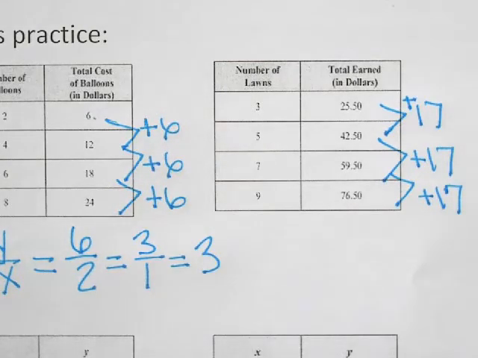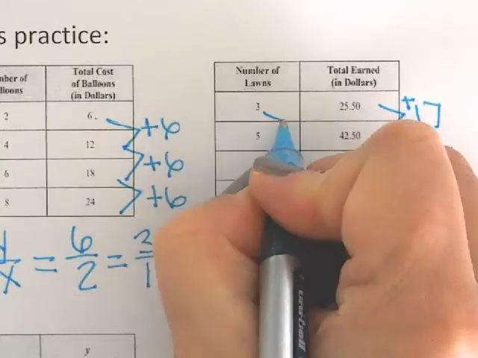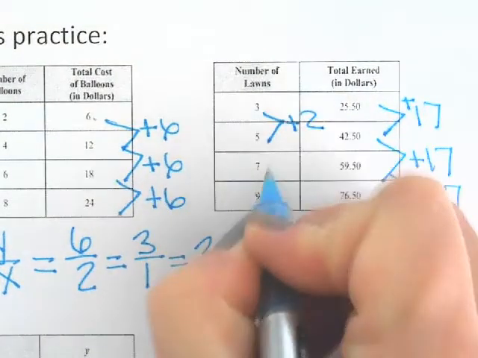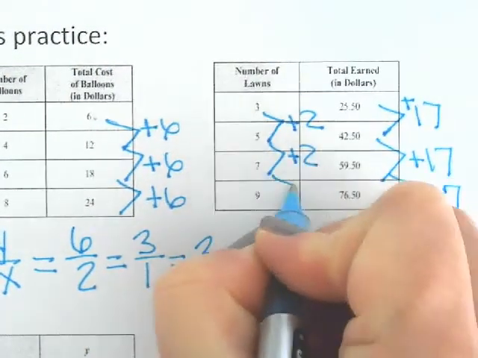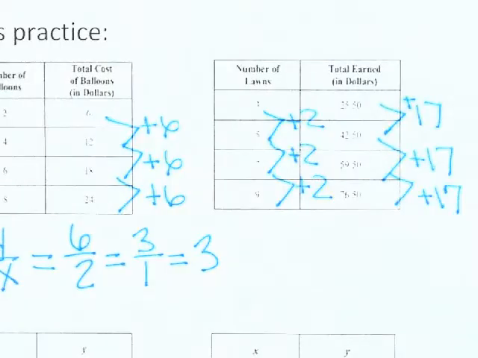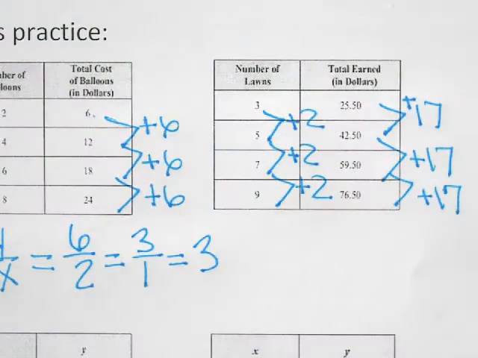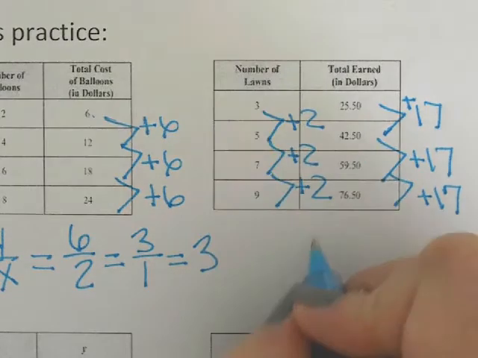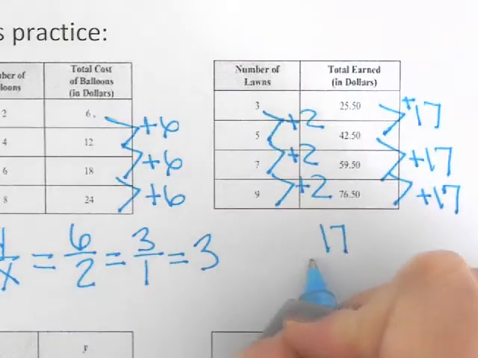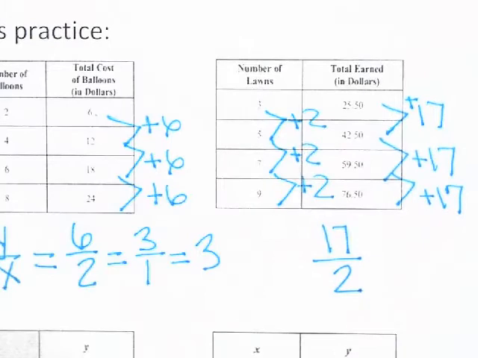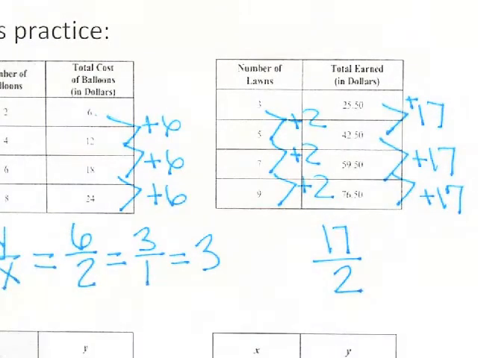My x values are increasing by 2, so I'm going to write plus 2. So my change in y is 17. My change in x is 2. 17 over 2 is improper, but since we're dealing with slope, that's okay, and I leave it like that. 17 over 2 cannot be simplified.